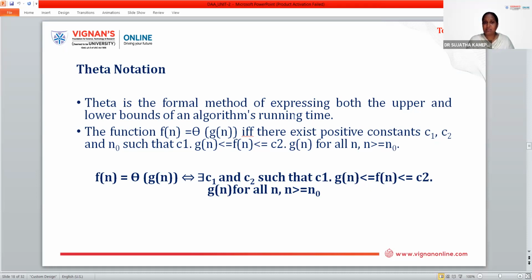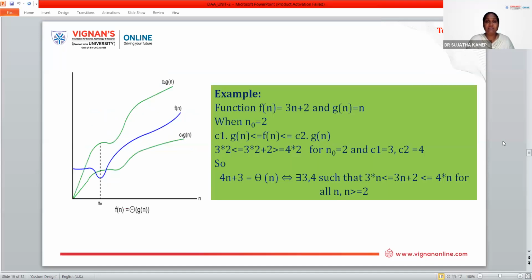Here it is representing the lower bound and here it is representing the upper bound, for all values of n greater than or equal to n naught.